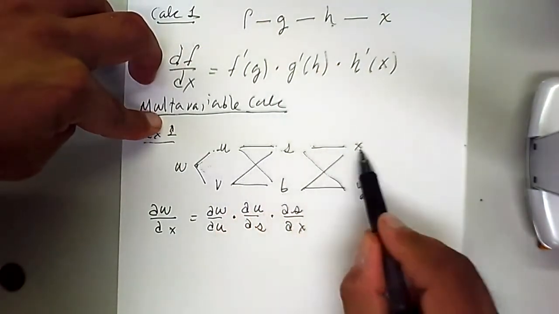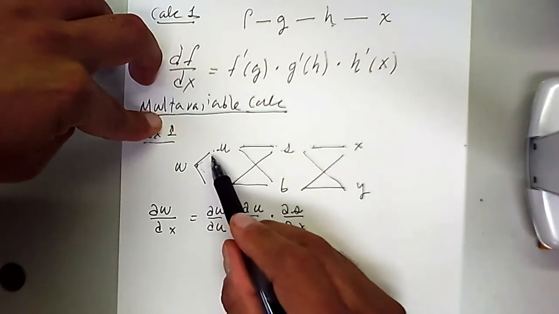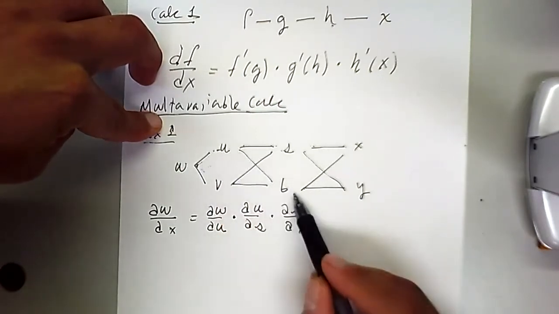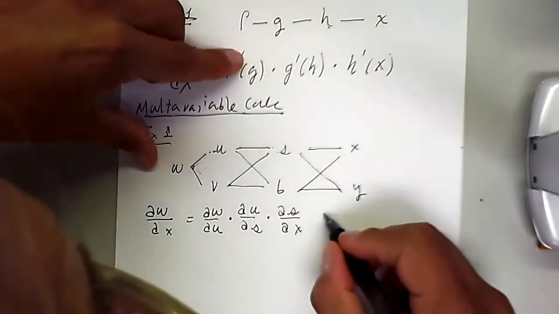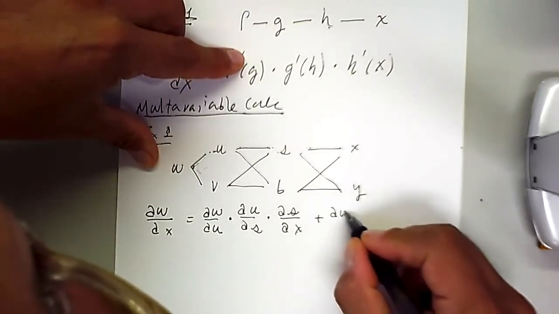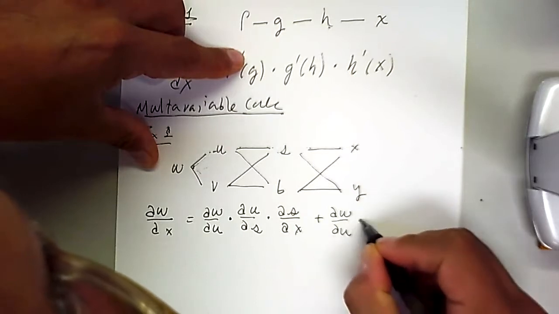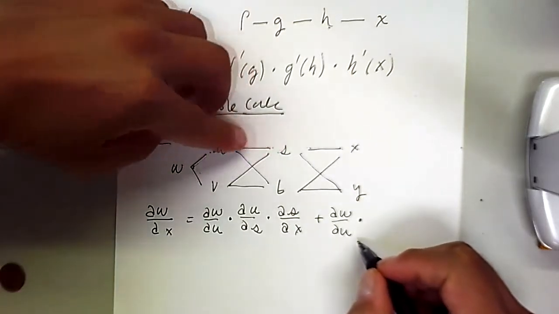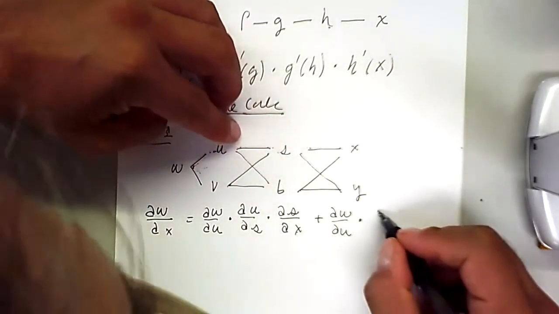So there is one, but then we could go u, t, x. So we're going to add another term, the partial of w with respect to u multiplied. Instead of going through s, we're going to go down to t.